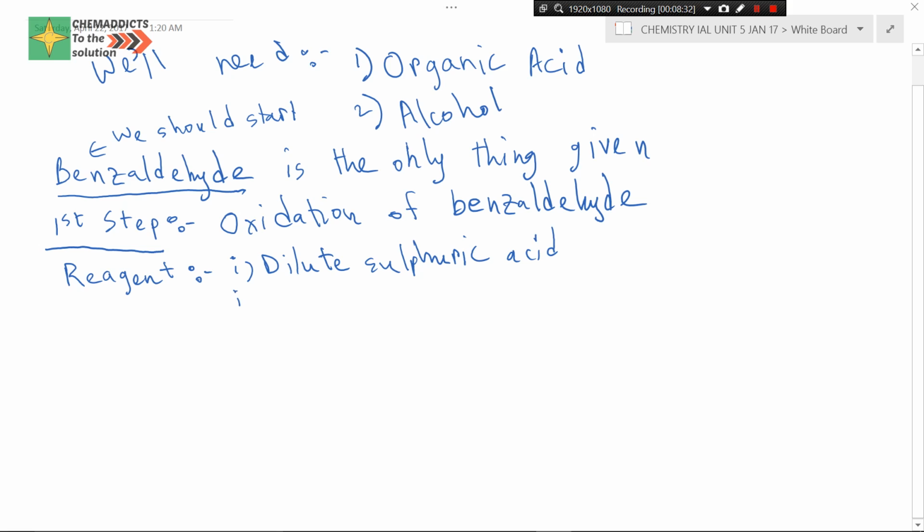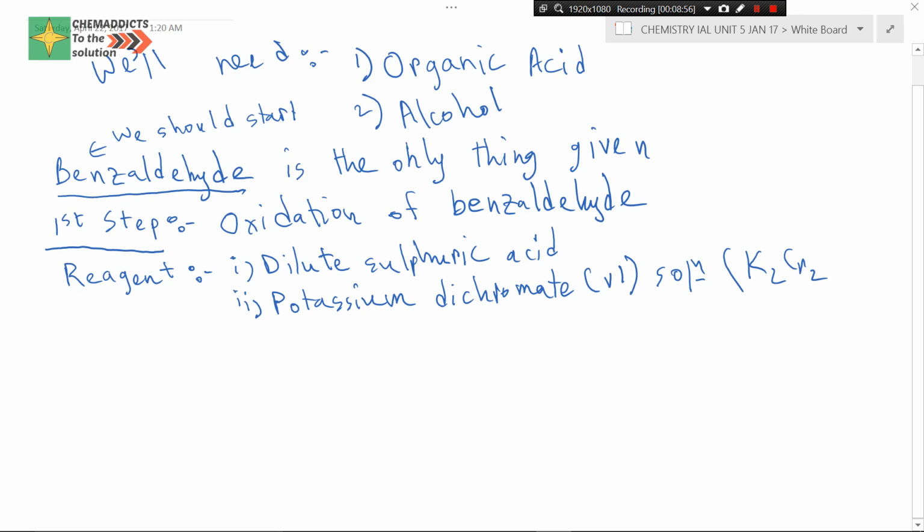And the second thing, you are right, potassium dichromate(VI) solution, or in other words K2Cr2O7. So in order to carry out oxidation of benzaldehyde we will need two reagents. The first reagent is dilute sulphuric acid and the second reagent would be potassium dichromate(VI) solution.